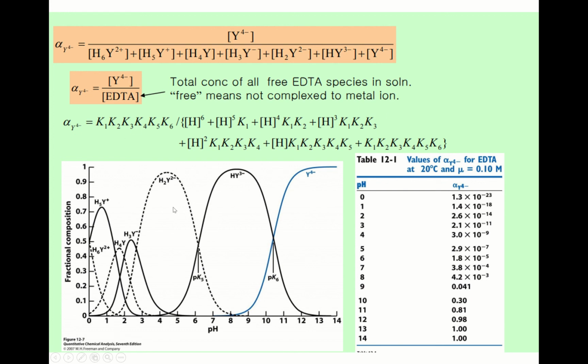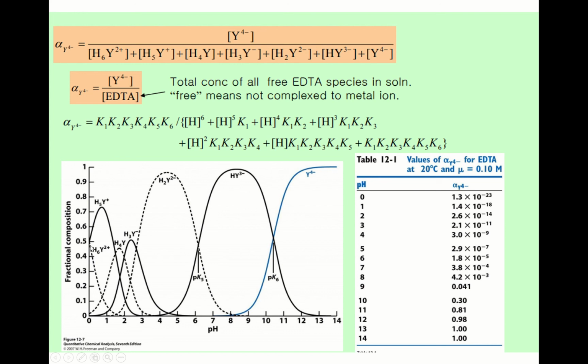So look at this figure. This is the fractional composition of each species. There are 1, 2, 3, 4, 5, 6, 7 species, depending on pH. At a very strongly acidic condition, this species, H6Y2 plus, is here.